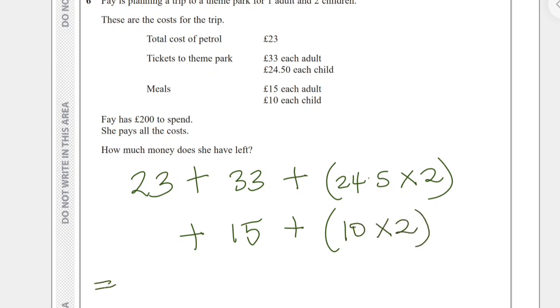So that equals 23 plus 33, that gives us 56, plus 24.5 times 2, that is going to give us 49, plus 10 times 2 is 20, and 20 plus 15 is 35.